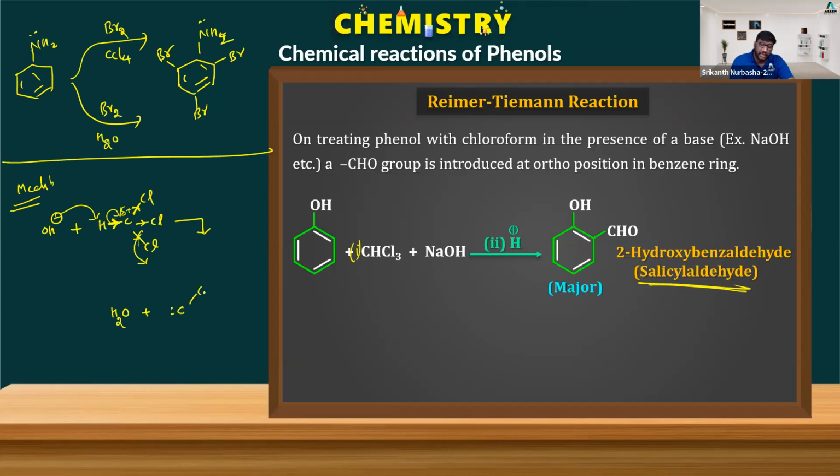CCl2 is obtained, dichlorocarbene, along with Cl minus. This Cl minus develops an electrostatic attraction with Na plus, so I can write Na plus Cl minus. NaOH plus CHCl3 gives H2O plus CCl2 plus NaCl. CCl2 is a dichlorocarbene, which is a strong electrophile.